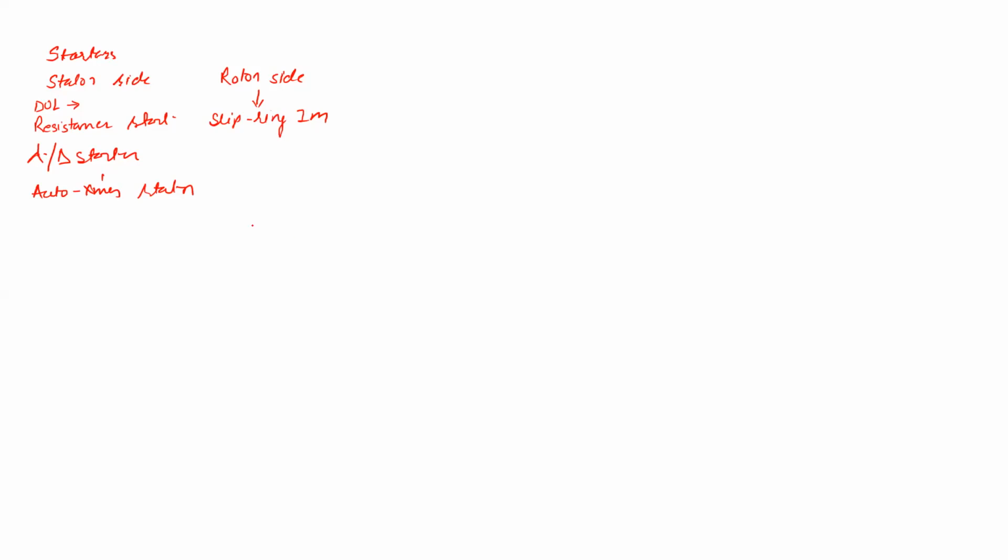As an example, we will take a very simple one, the DOL starter. DOL stands for direct online starter. Direct online starter means there is no means to reduce the starting current.